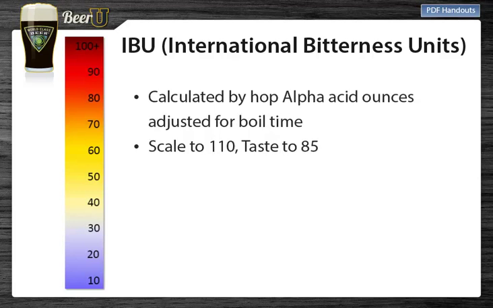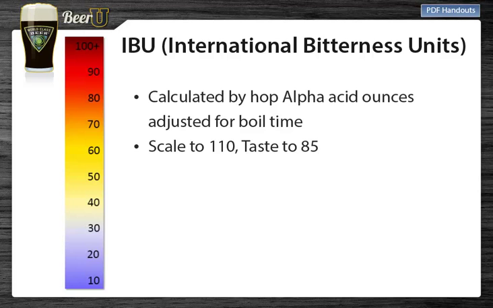The calculation for IBUs is much more complicated than the calculation for ABV since there are several contributing factors. The relative amount of hop ounces added to the beer, and the percentage of alpha acid content in those hops, plus the length of time a beer is boiled all figure into the equation.